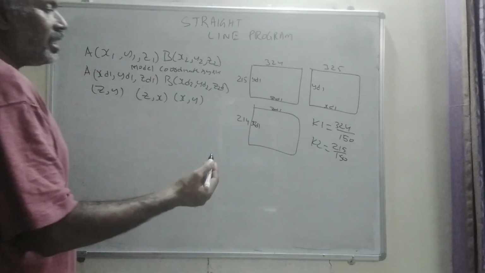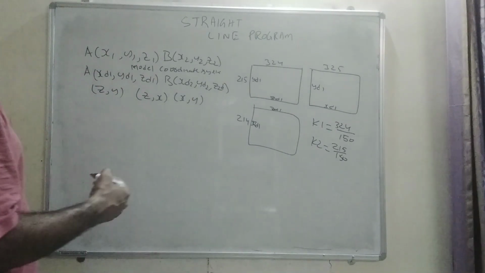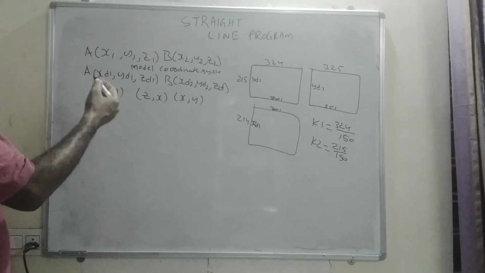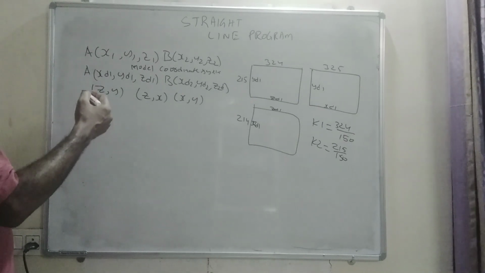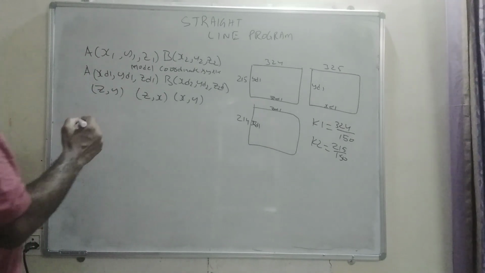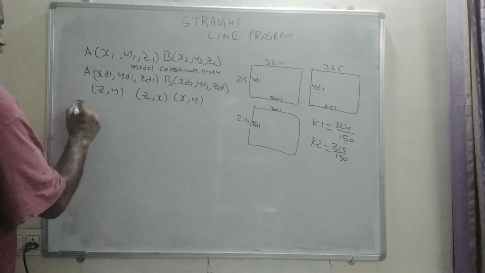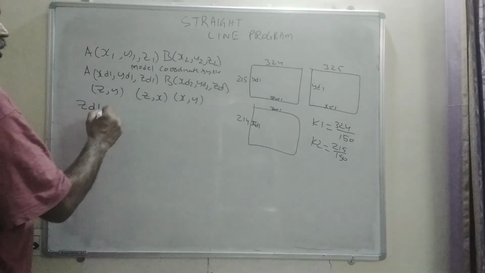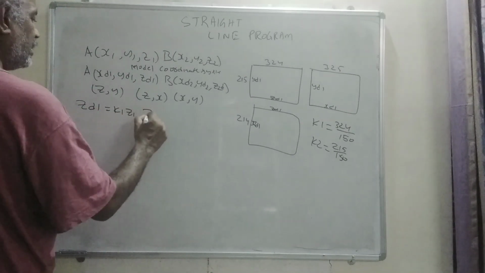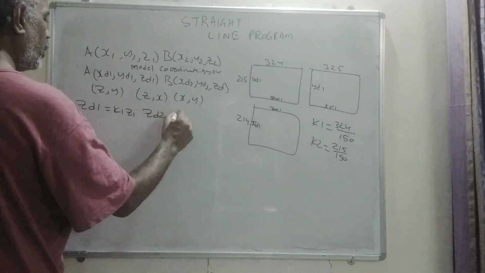With these two factors, we can find the values of xd1, yd1, zd1. First, zd1 is a horizontal coordinate, so zd1 is equal to k1 into z1, and zd2 is equal to k1 into z2.